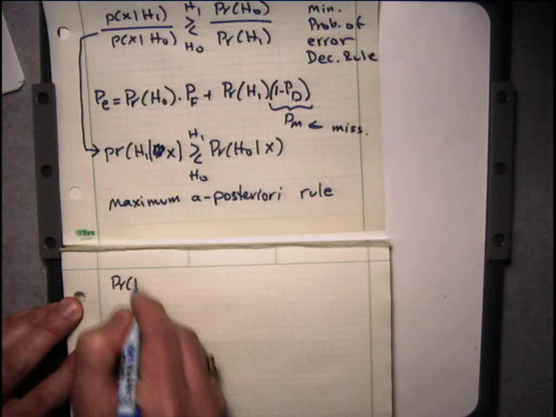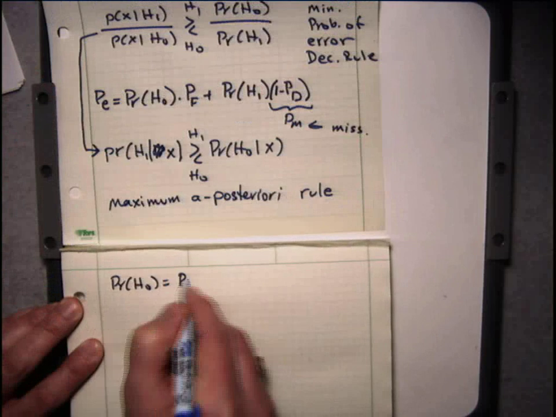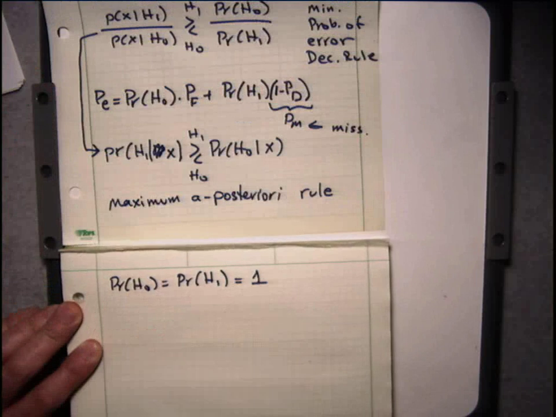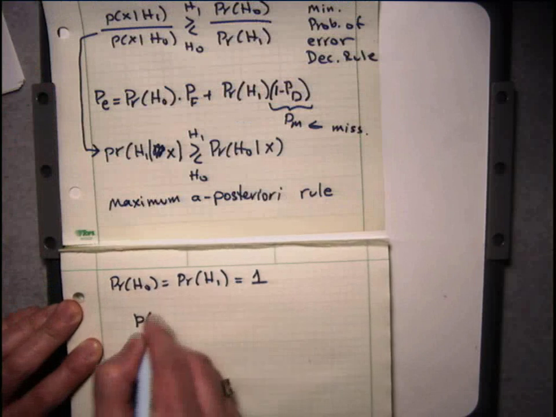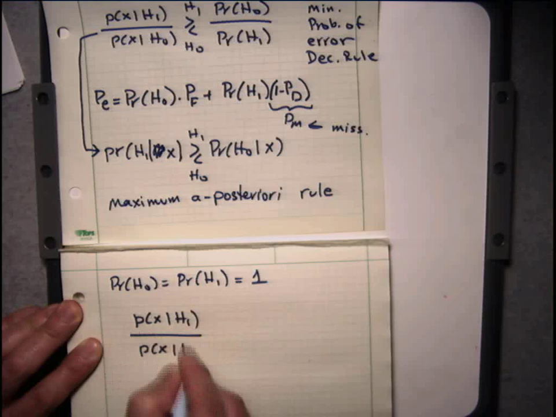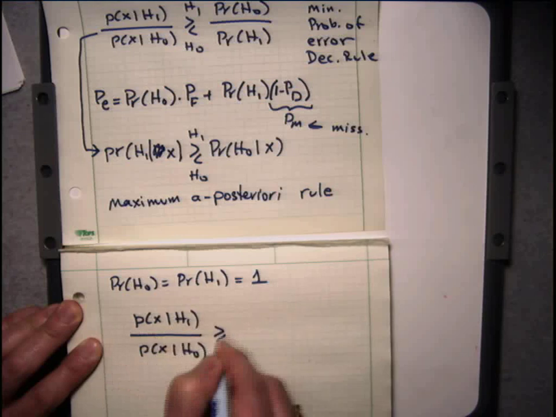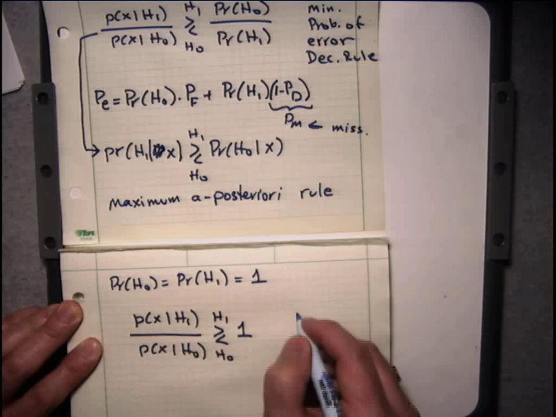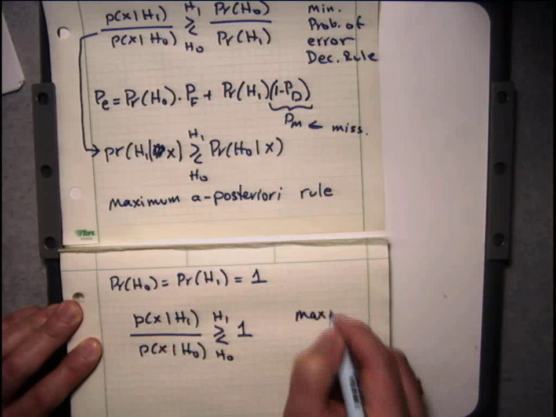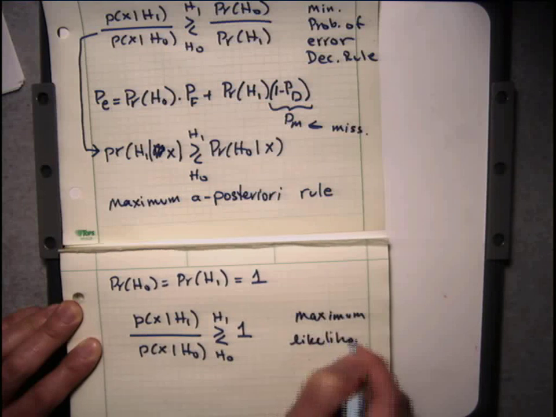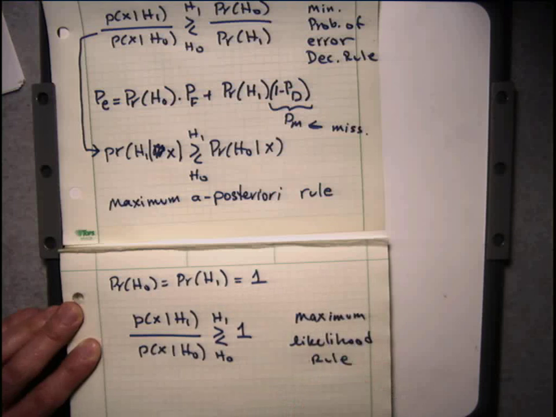So if the probability of H0 and probability of H1 are equal, what you get is the PDF of x given H1 over the PDF of x given H0, and let's just compare it to 1, H1 versus H0, as opposed to gamma. And this is what we call the maximum likelihood rule. Okay?